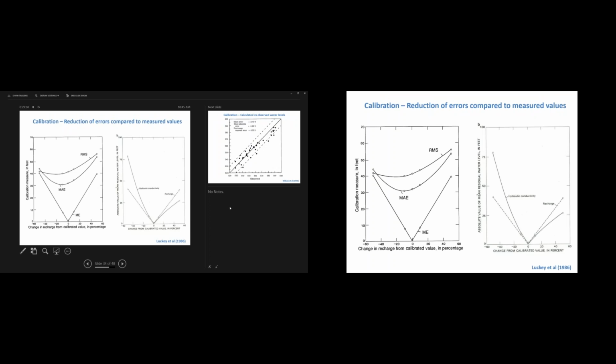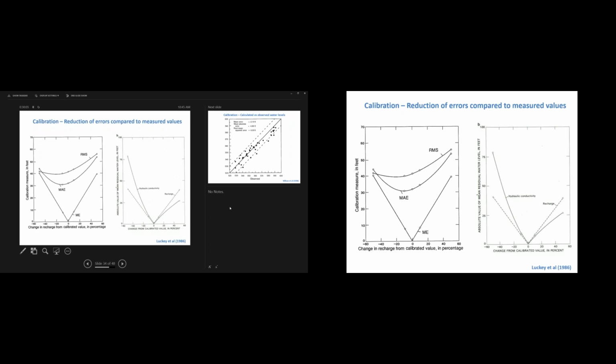Basically, on the left here, you have different measures of calibration, and that's discussed in this book. You're trying to reduce your mean error, which tells you whether everything's all above or all below your targets, but you could have targets that are positive and targets that are negative.